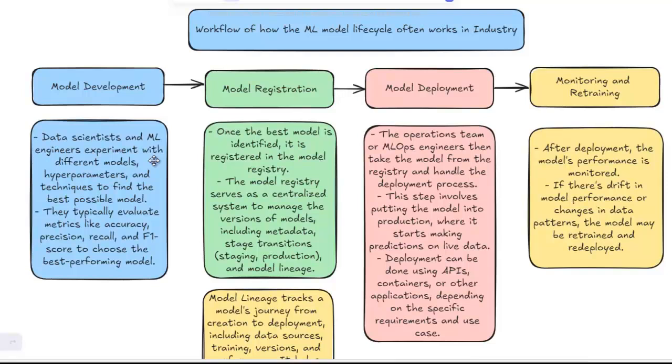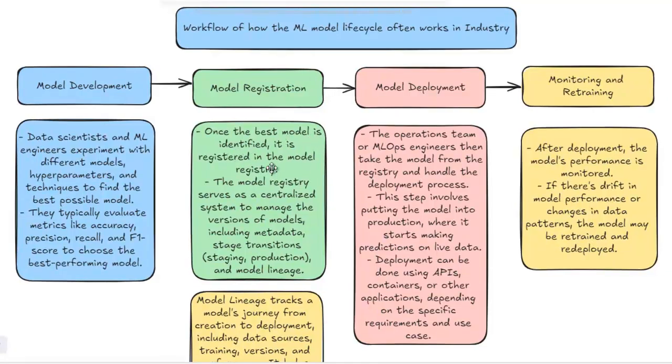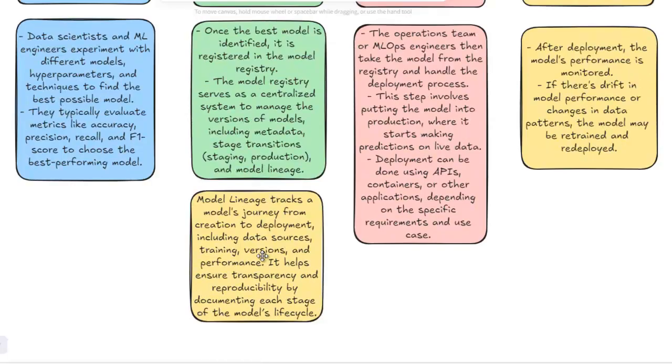Then the next stage comes, which is model registration. Once the best model is identified, it is registered in the model registry. The model registry serves as a centralized system to manage the versions of models, including metadata, stage transitions like model in the staging area, model in the production area, and model lineage. Don't you worry, we will discuss all this practically.